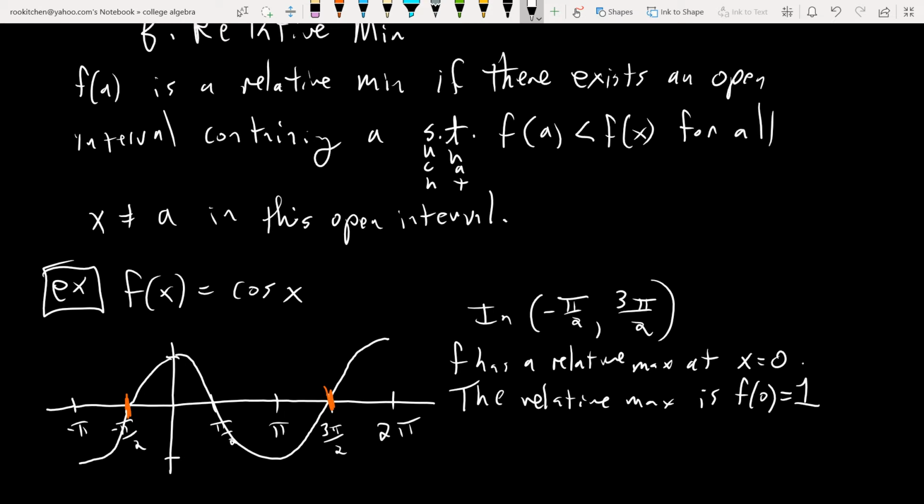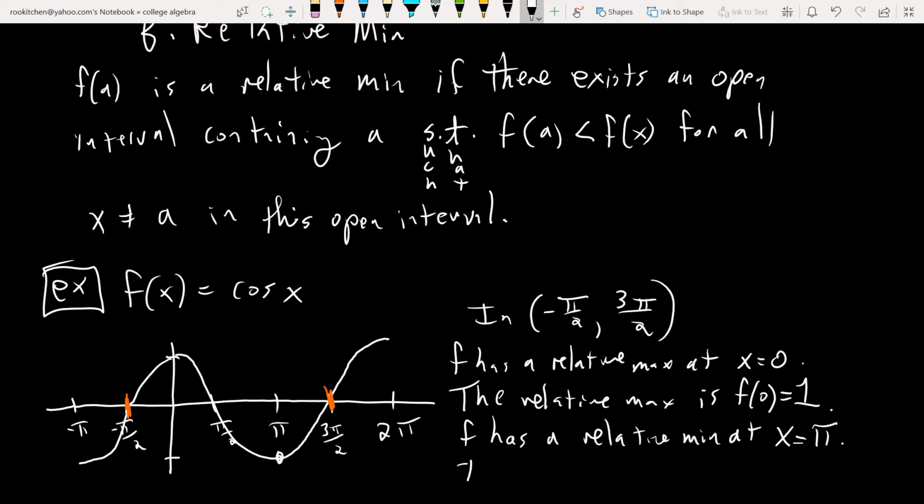which, for cosine, its max is at 1. What about the min then? So F has a relative min at, well, you look at the graph, it's at pi. So when X is pi, that's the location.